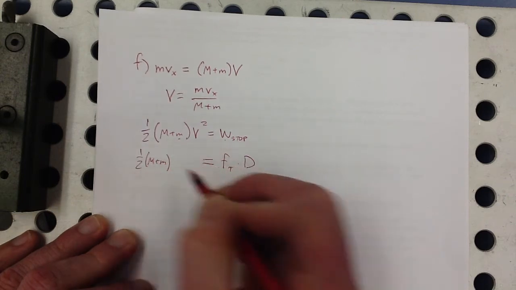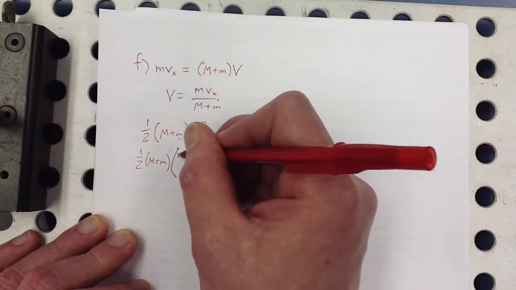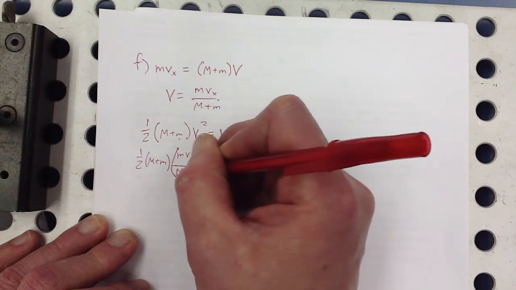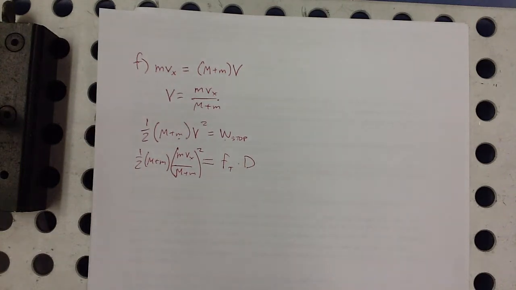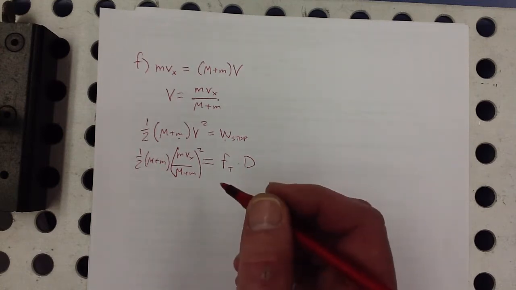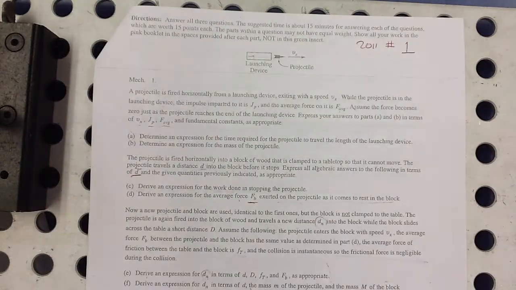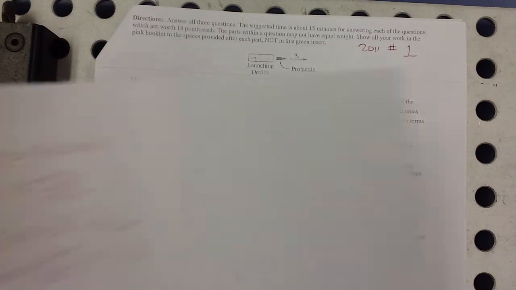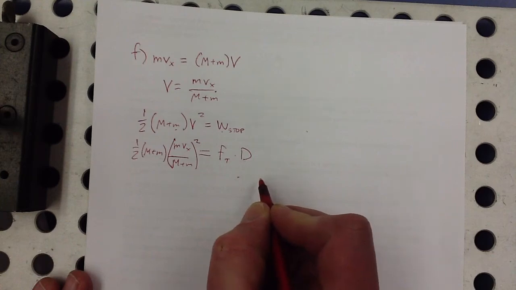And we can substitute this in now. m Vx over m plus M, squared. And we're supposed to be solving for dn, which is how far the block slid, how far the block goes in the second time.